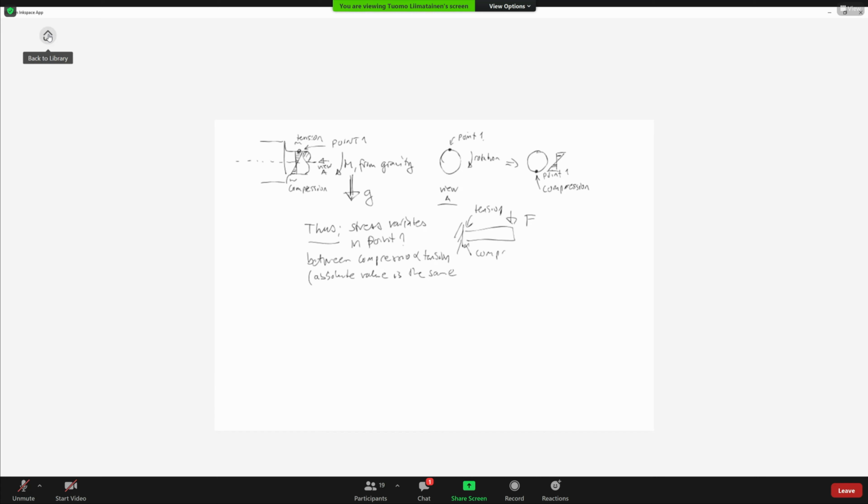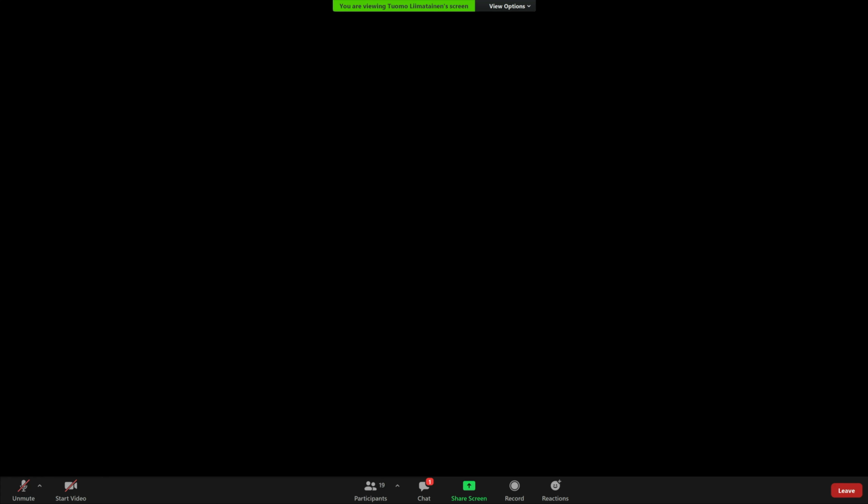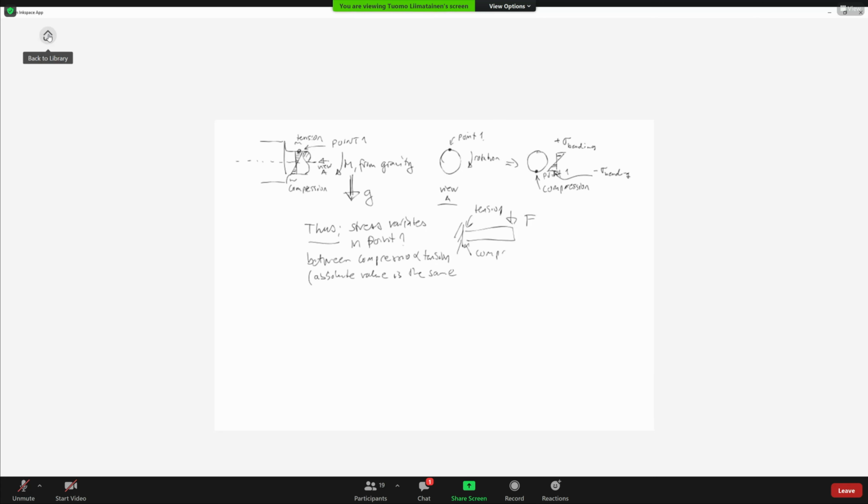So here is tension, so it's plus sigma bending, and here it will be minus sigma bending. Equal value. So therefore it is fully reversed.